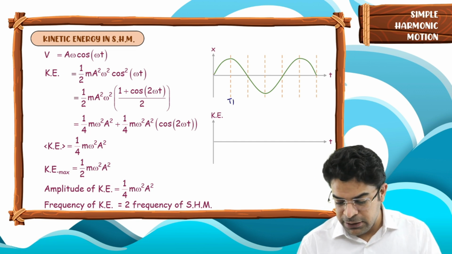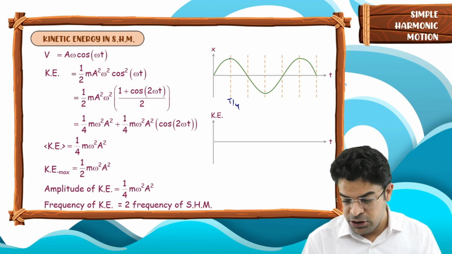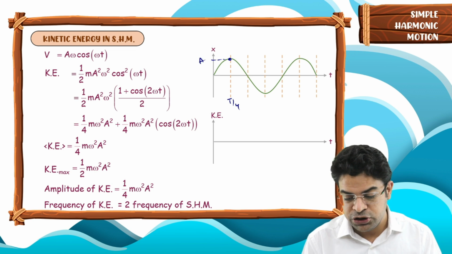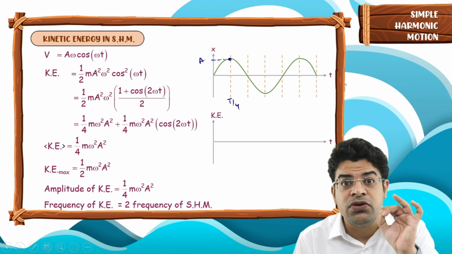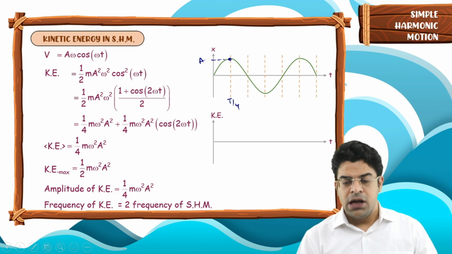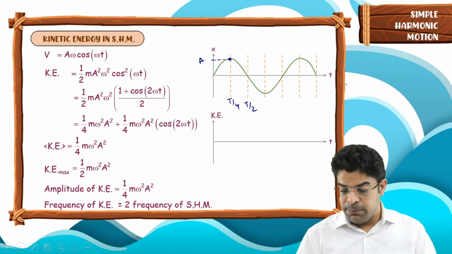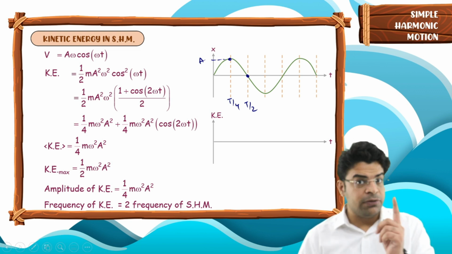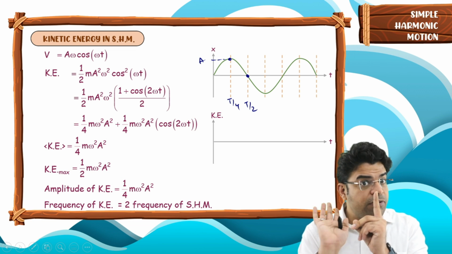After a time t by 4, the particle reaches the positive extreme, where the displacement from mean position is a. At the positive extreme, the particle will be at rest, so the kinetic energy will be 0. Again, after one more t by 4, that is at time t by 2, the particle is back at mean position, and at mean position speed is maximum omega a, so kinetic energy will be maximum.